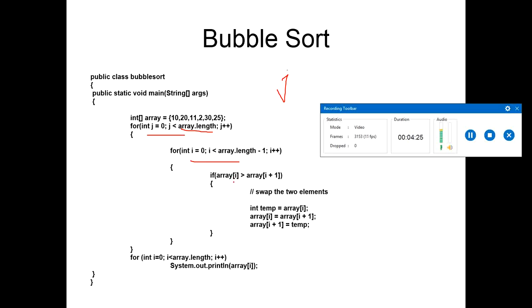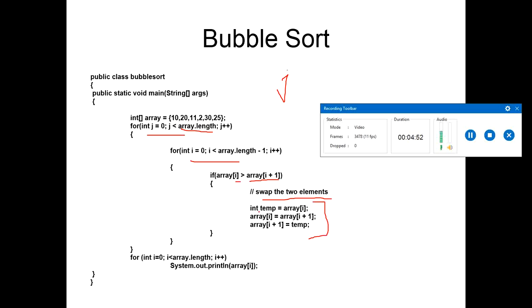Then we are comparing every ith element with the next element. So if i equals 0, it will be compared with the array element at i equals 1. If the element at the 0th location is greater than the element at the first location, then we are going to swap the elements, and for swapping the elements we have a code.